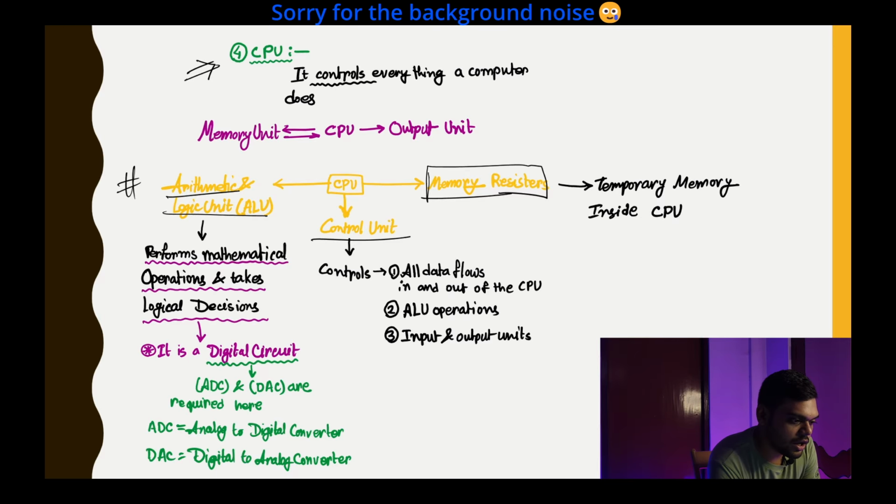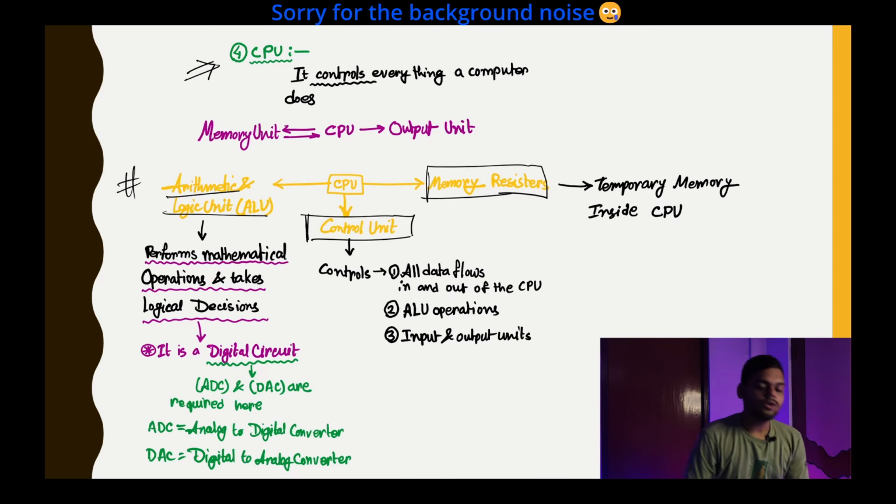After that we look at the control unit. This unit controls every data flow in the computer. The data you are giving to the input unit is also being tracked by this control unit, and the data stored in the main memory unit is also being controlled by the control unit. After that the data goes to the CPU for further processing or operations, which is also controlled by the control unit.